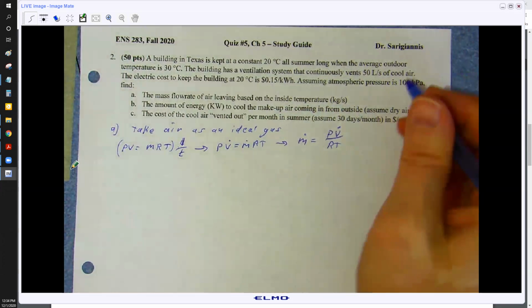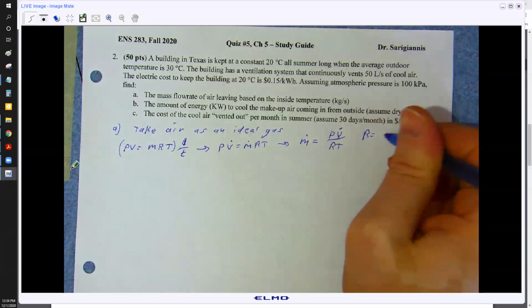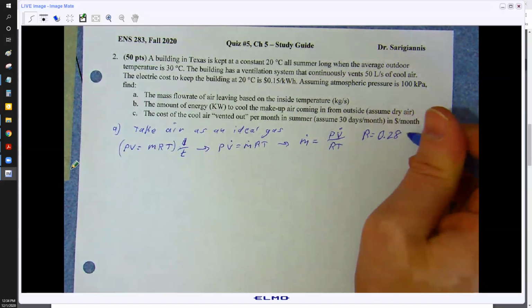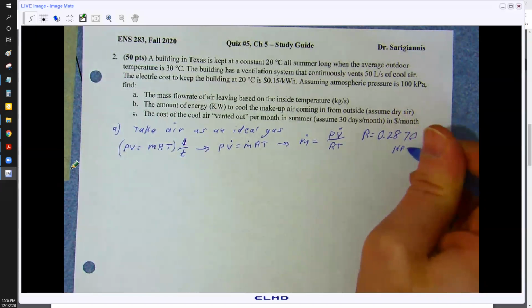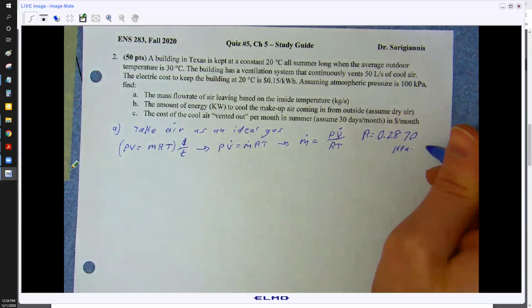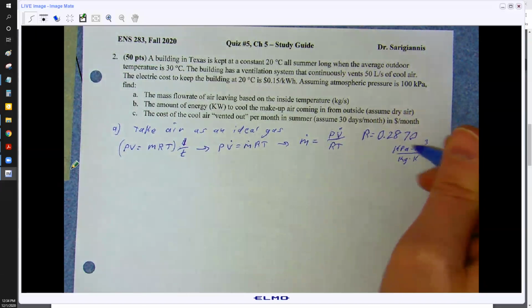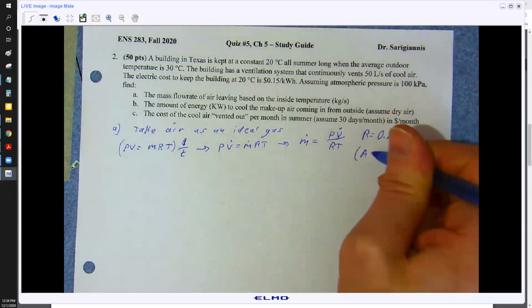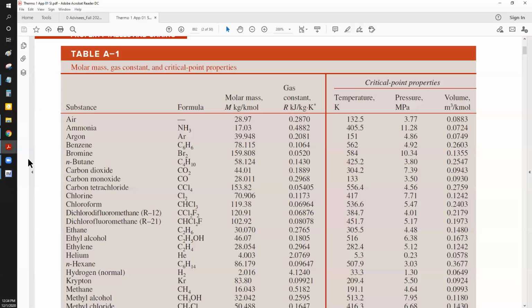Now, I do need R. R is equal to 0.2870, and the units on this are kPa meters cubed per kilogram Kelvin. And this comes from table A1. Let me show you that real quick. A1.